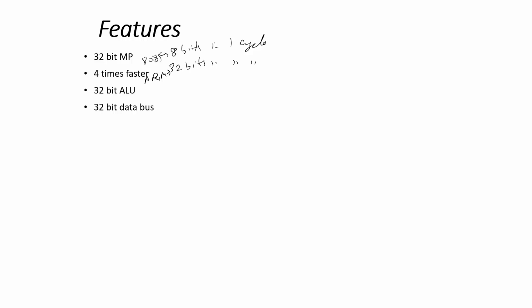So in the first point we compared ARM processor with 8085. If we compare with 8086, now 8086 has a 16-bit data bus, so it can process 16 bits in one cycle. That's why we have divided the memory into two banks in case of 8086, that is odd bank and even bank.